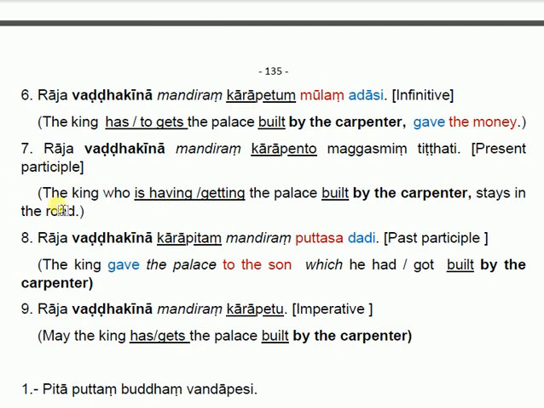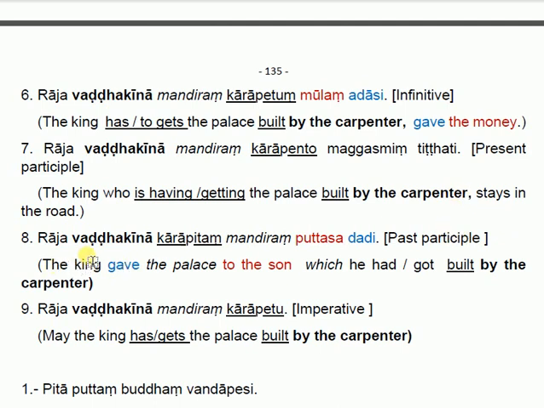Karapento is who is having built or is getting built. So we call this causative verb changed into present participle. Maggasming means in the road. Tittati, stays. Right. Then number 8.